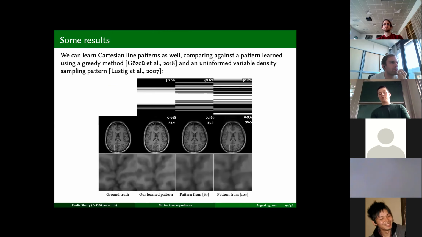So we can parameterize our sampling pattern as a collection of Cartesian lines and run the same procedure, and reassuringly we end up with something that performs quite comparably to a greedy method that existed before for learning sampling patterns, but that doesn't scale up to free sampling patterns or to higher dimensions. It also compares favorably to an uninformed variable density sampling pattern.